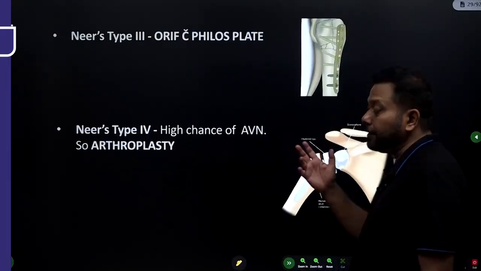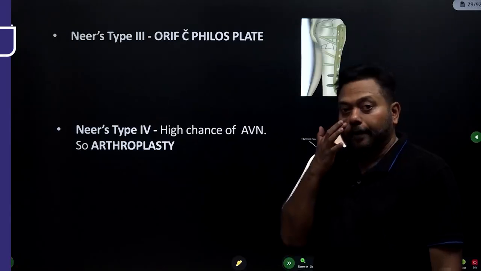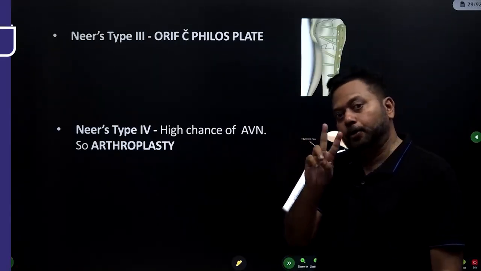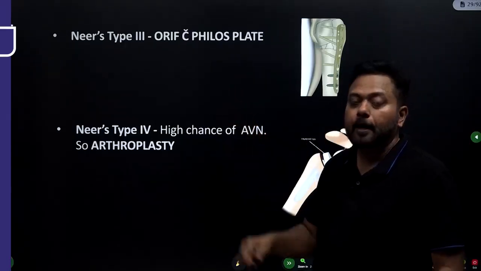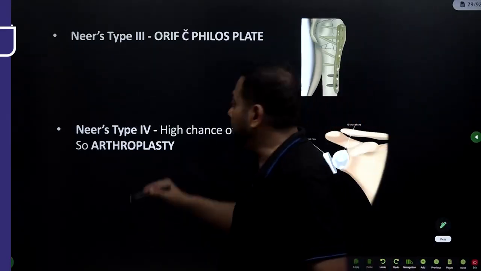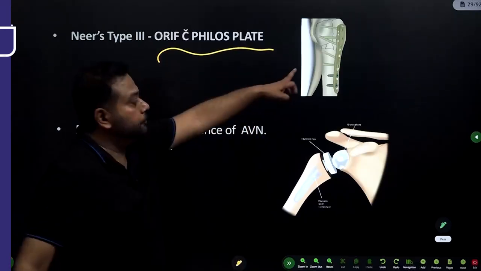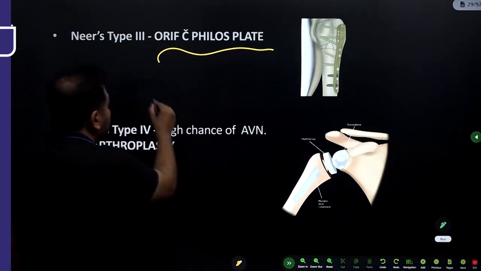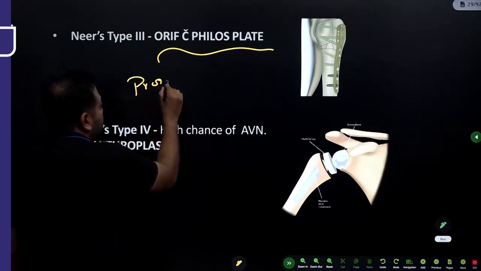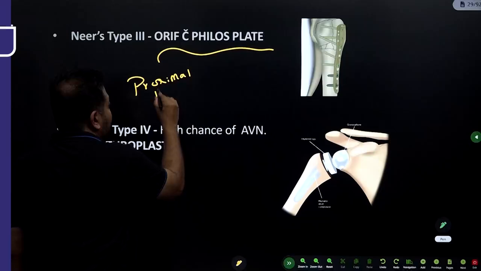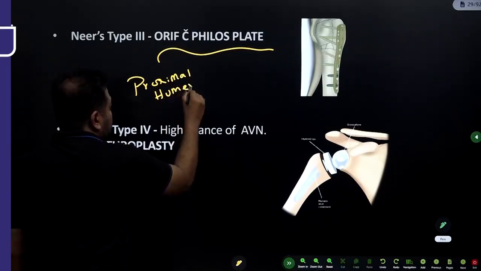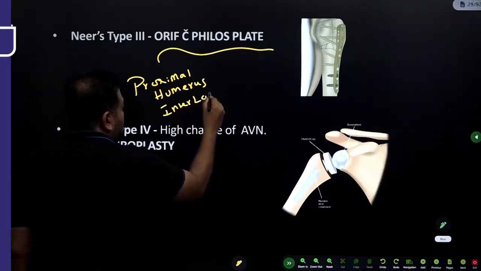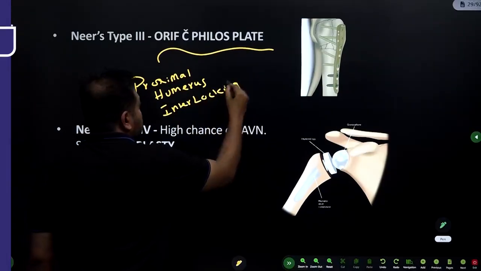If it is Neer's type 3, okay, the fracture line involves 3 areas, and there are displacements in 2 areas, that is called Neer's type 3. The treatment of choice is open reduction internal fixation with a PHILOS plate. Look at the diagram. PHILOS is an abbreviation. PHILOS stands for proximal humerus interlocking system.